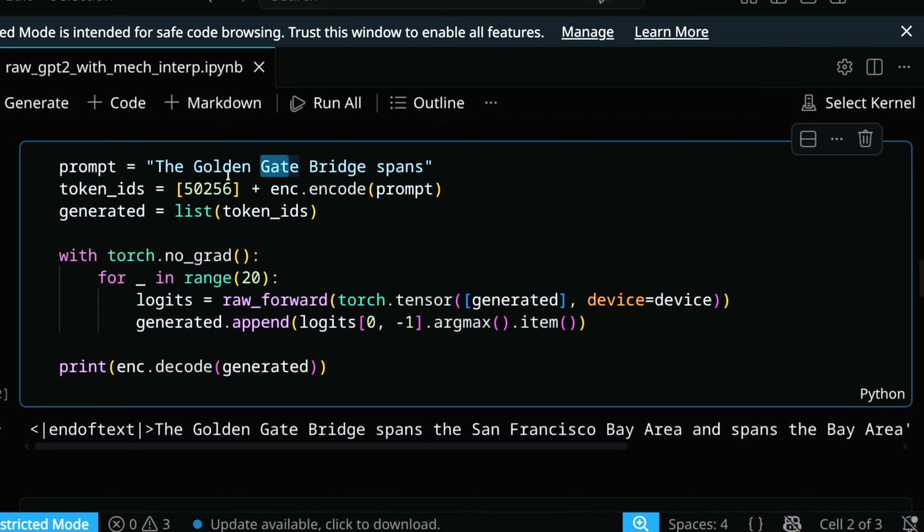And the word gate, it'll look at each word before itself, like, the golden gate. It'll look at itself too. So it'll say, my word is gate. So each word before me gives me meaning.